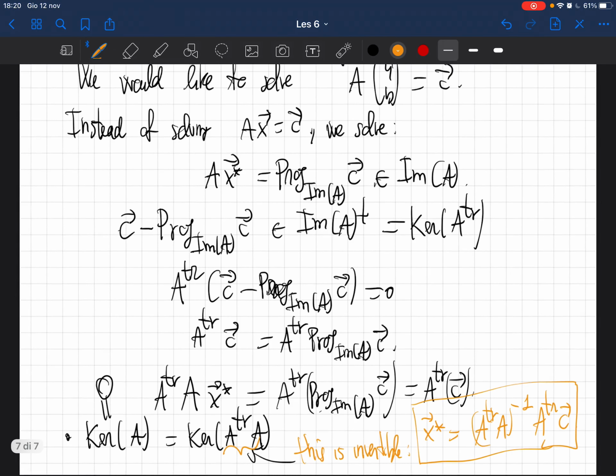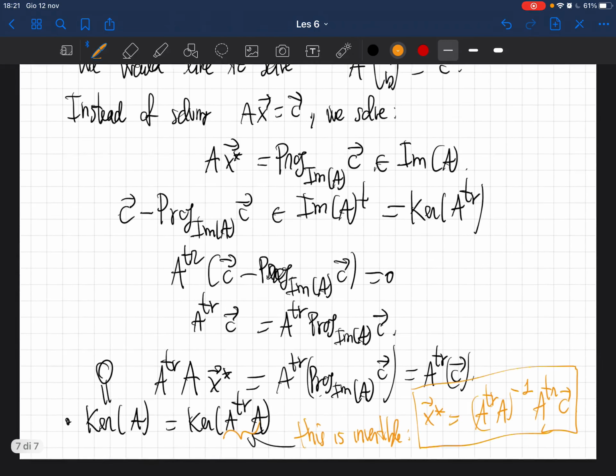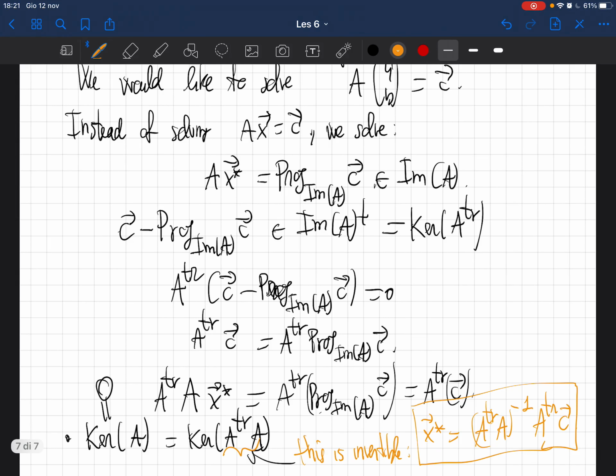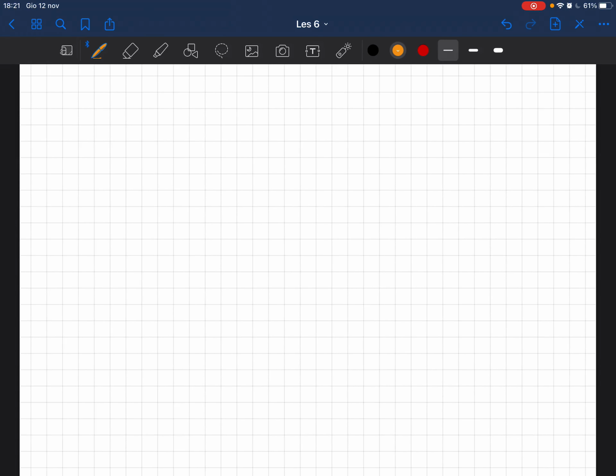So this was just a recapitulation, and let's try and apply this. We have to compute the transpose and the product. The transpose is 1 1 1 2 1 3 1 4 1 5.